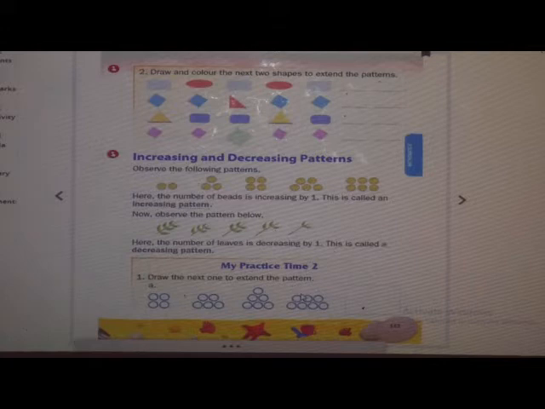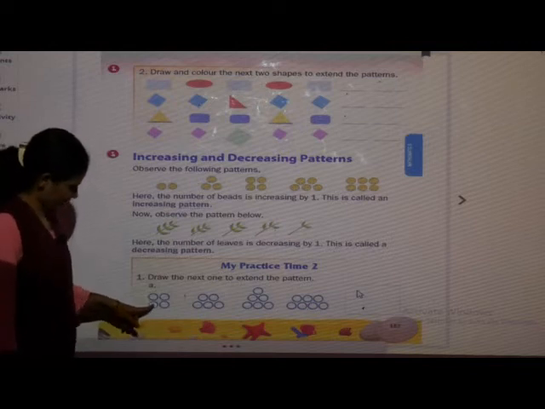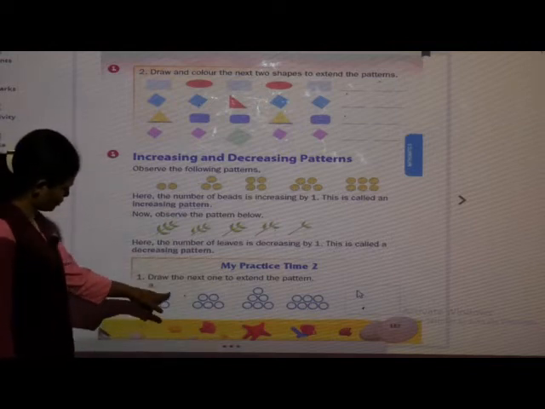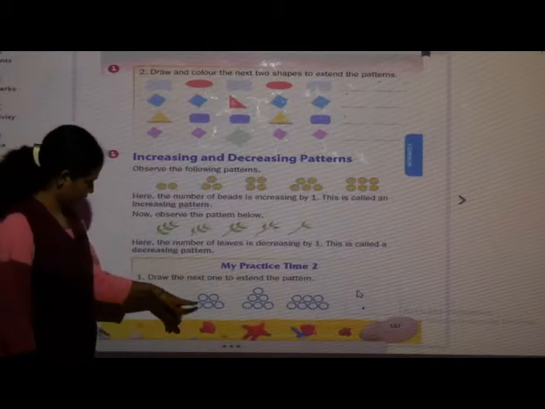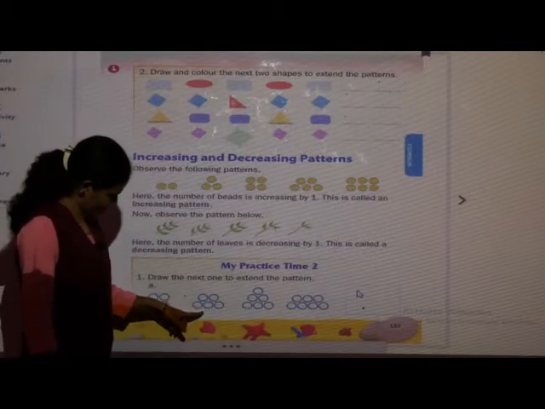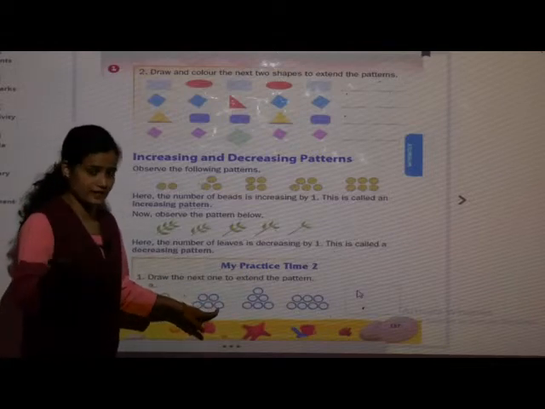See, here you have to draw the next to extend the pattern. Here they have followed the pattern. So whatever is missing here, you have to draw. See, here how many circles are there? 1, 2, 3, 4. Now in the next one, 1, 2, 3, 4 and 5. 1 is increased.